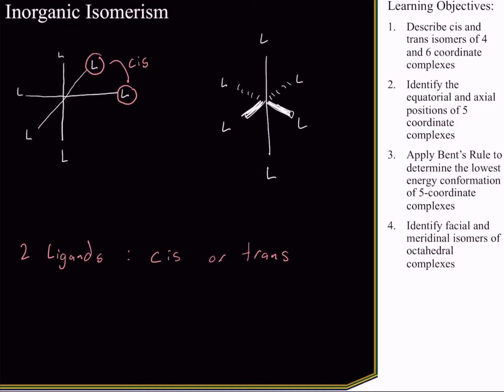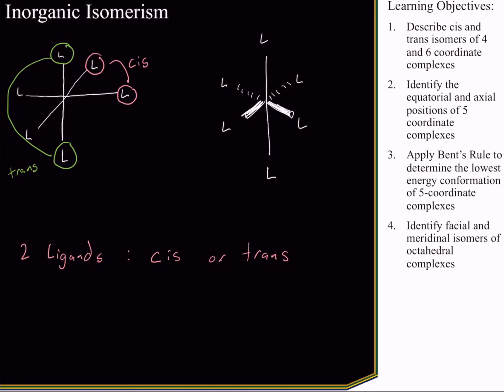Whereas the positions on the opposite side of the ring, like the ones pointed straight up and straight down, are the trans positions. Again, this is just a way of describing the relationship between the location of two ligands on an octahedral complex.